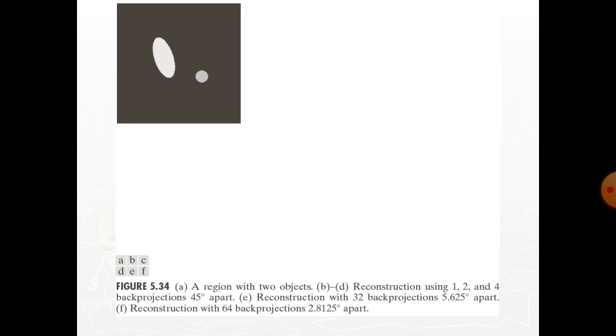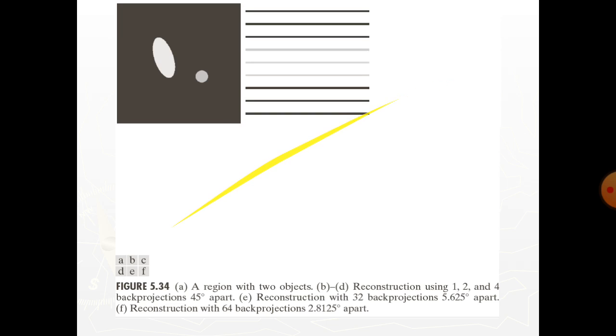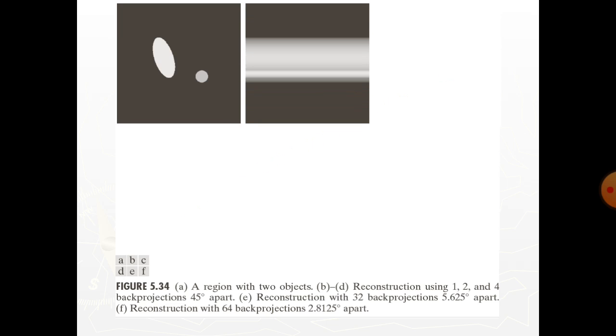This figure illustrates the reconstruction using back projections on a slightly more complicated region that contains two objects with different absorption properties. This figure shows the result of using one back projection. We note three principal features in this figure.